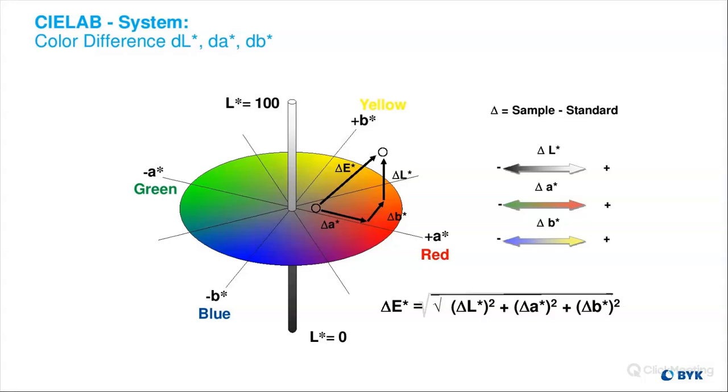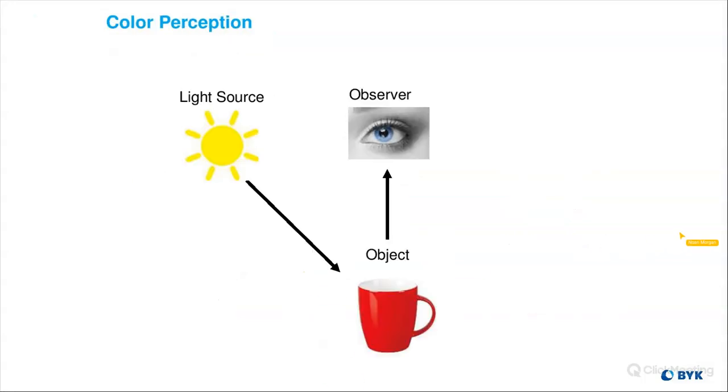Yes. So to start, 45-0 is similar to this setup here. If you think about what 45-0 is, the light source is coming in from 45 degrees, hitting the surface, and then your observer, whether it's a person or a spectrophotometer, is directly overhead.